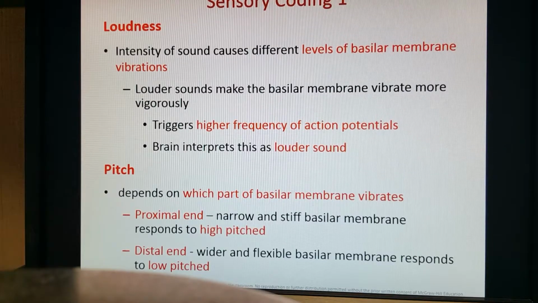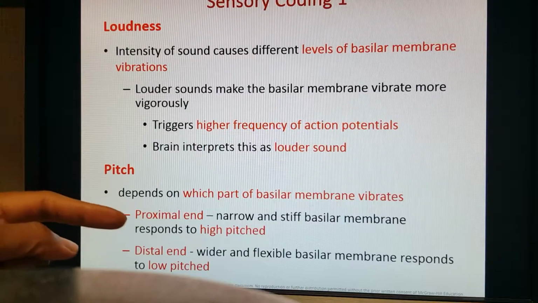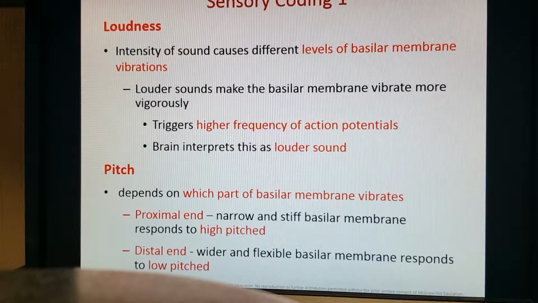With your proximal end being higher pitch and closer to that energy transfer from your ear, it's also more likely to get damaged. So people who have hearing damage, or like you go to a concert and for a day or two after that concert you have this high pitch ringing, it is because that proximal end has been damaged a little bit due to so much sound energy going into your ears because it's a great concert, but you did not wear earbuds because it's like, hey, I paid for this concert, I'm going to hear every bit of it.